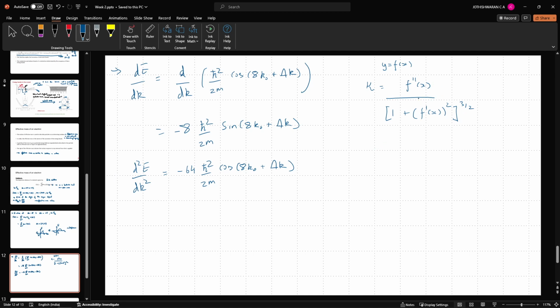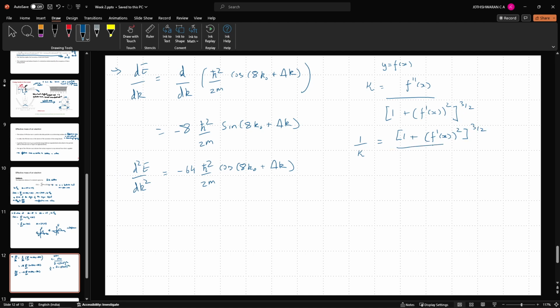The expression that is considered is 1 over kappa, therefore (1 plus f dash of x whole squared) to the 3 by 2 divided by f double dash of x. The expression for curvature is not used in the lectures, which is why I'm doing this derivation.